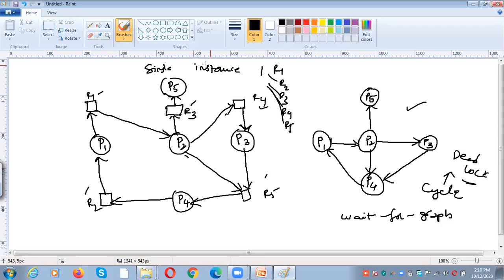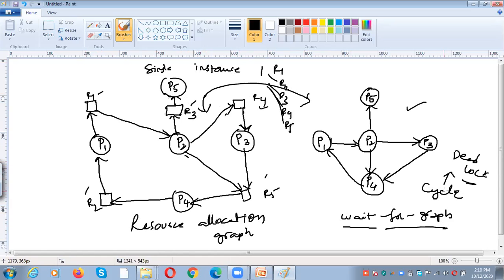So this is called a single instance resource allocation graph. It shows how the resources are allocated to the processes, which is why it is called a resource allocation graph. By using this resource allocation graph, you need to draw the wait-for graph. If there is a cycle, then there is a deadlock. Observe here.